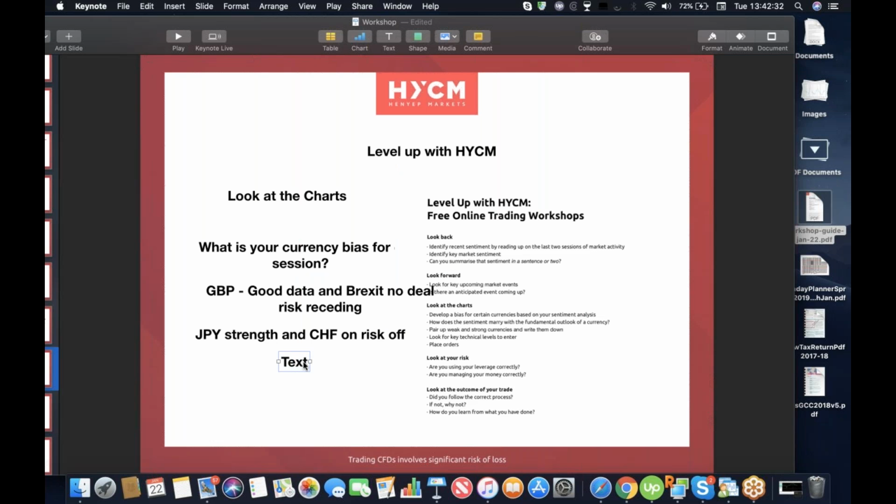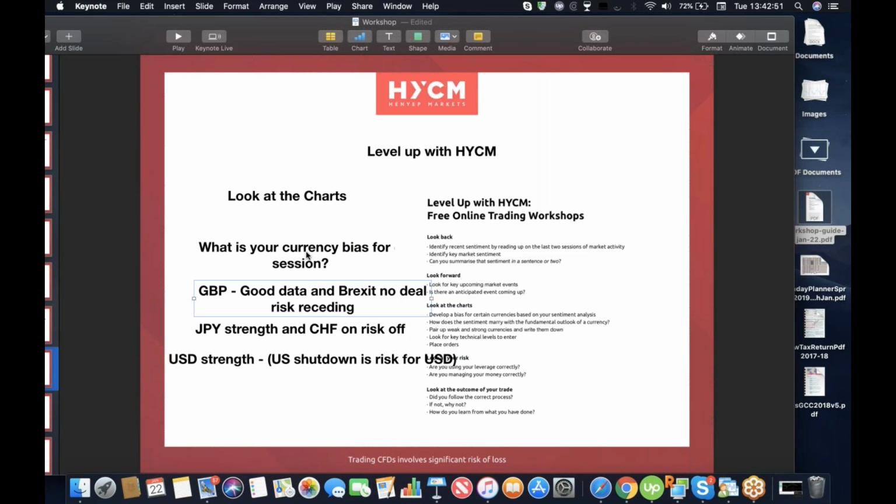US dollar strength. But as I said, be aware the US shutdown is a risk for the US dollar. So there we go. There are the strong currencies.